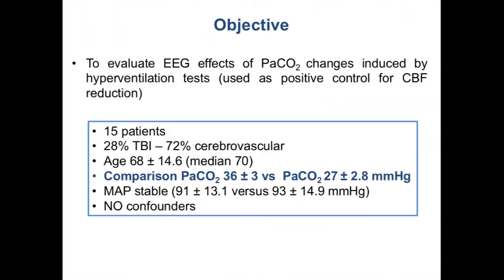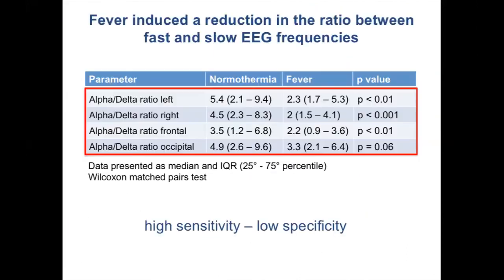Was something that happened? This tool is very sensitive. It's not too specific. For this, it's very important to combine all the data together with multimodality monitoring, observing what is happening to one aspect, but also to all the other aspects related to the patient.